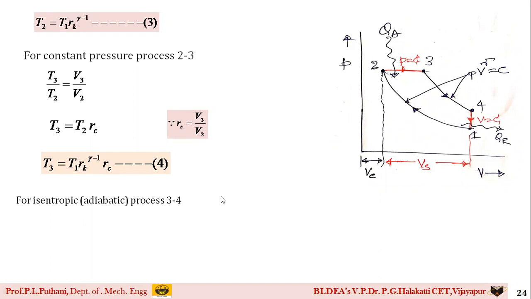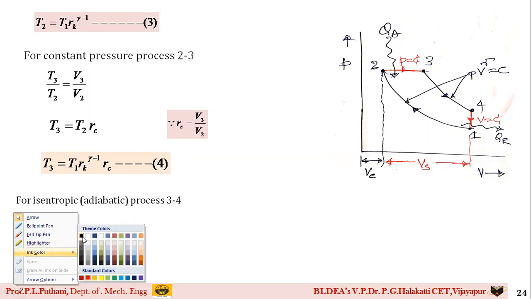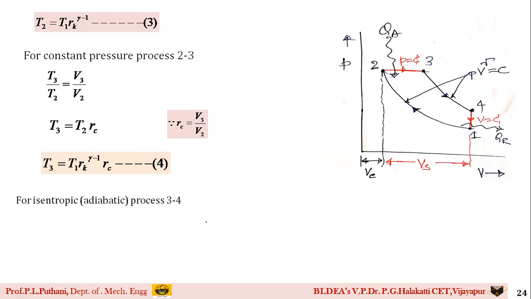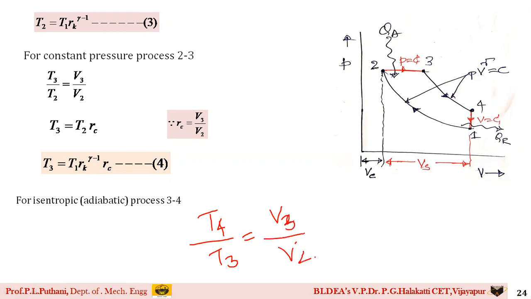For this, the temperature volume relation, which I am going to write, looks like this, students. T4 by T3 is equal to V3 by V4 raised to the power of gamma minus 1.